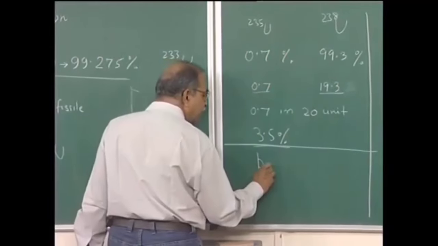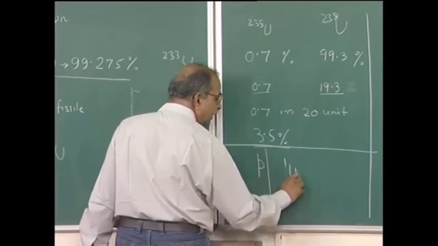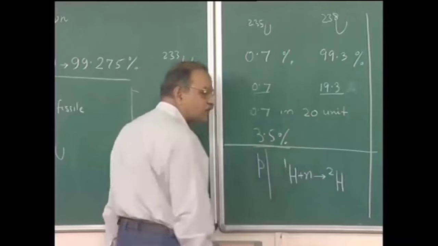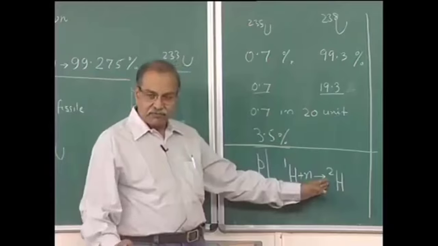But then you have this reaction: 1H plus neutron goes to 2H, deuteron, and this reaction has sizable probability.